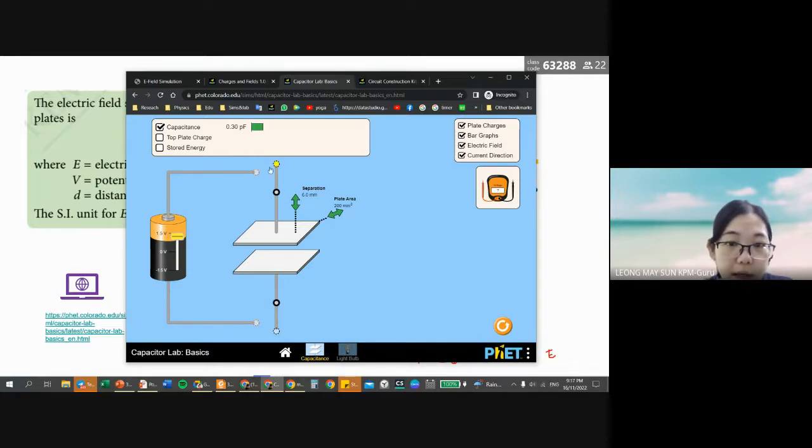Only when you connect it to a complete circuit, the plate connected to the positive of the battery will be positively charged, and the one connected to the negative of the battery will be negatively charged. So what happens here is the separation. We're going to focus on the distance, the separation between the two charged plates.